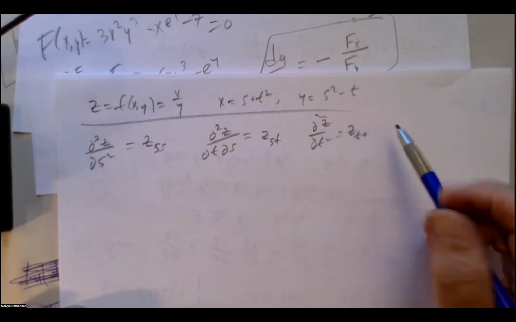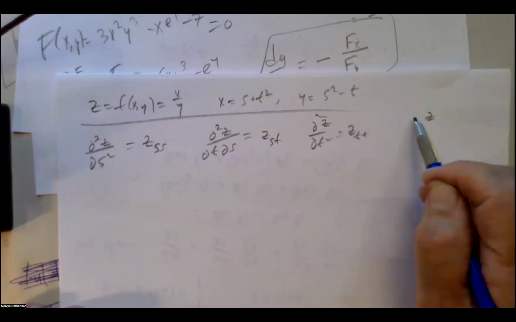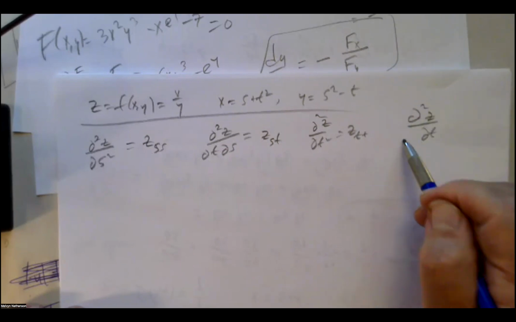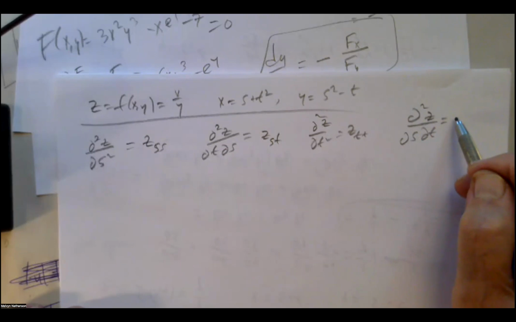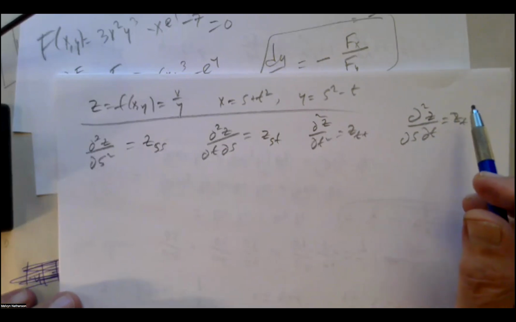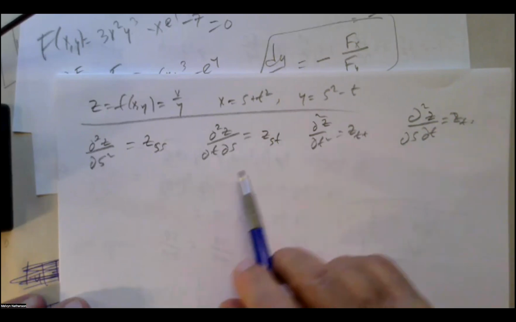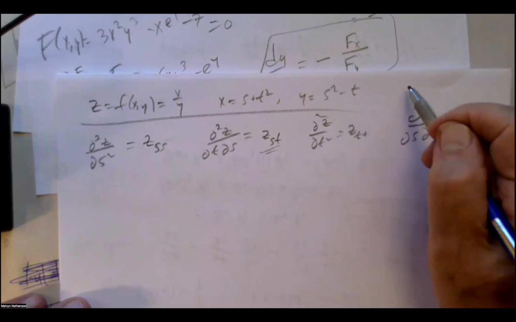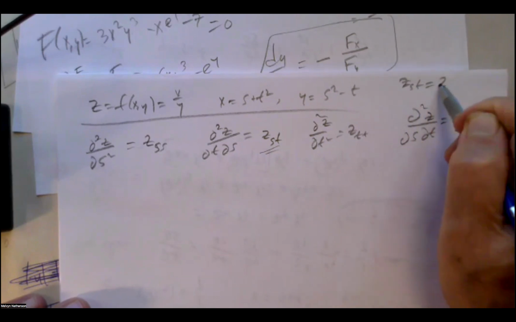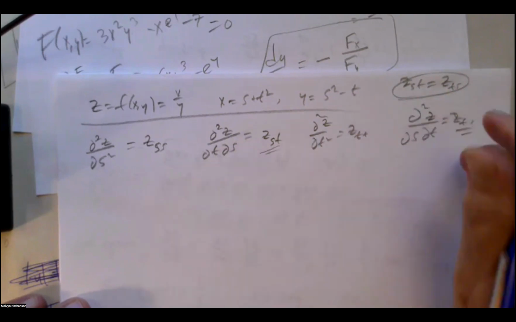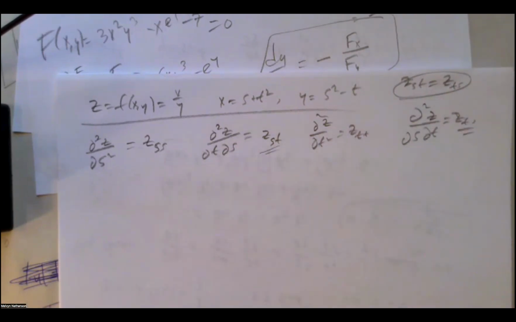Now you can also differentiate in the opposite order. I could differentiate it with respect to T, and then with respect to S, and I could call that z sub ts, but there's a theorem that says if the second partials are continuous, it doesn't matter what order you differentiate in. The derivative of z with respect to first s and then t is the same as the derivative of z with respect to first t and then s. So these two quantities are exactly the same.